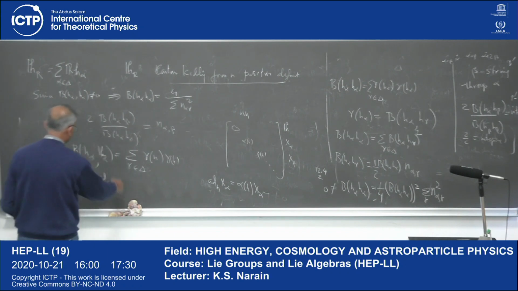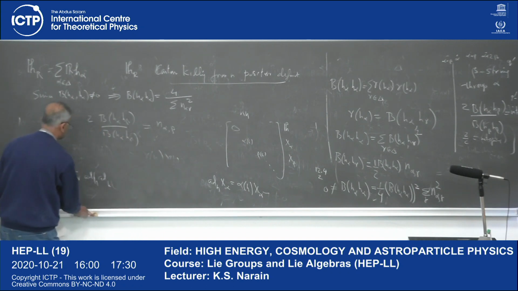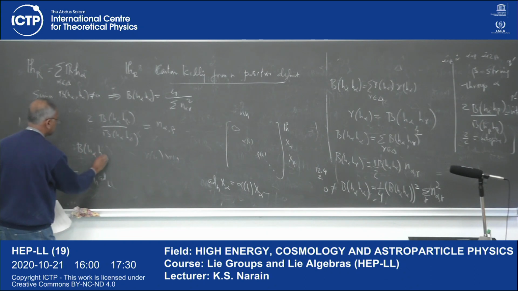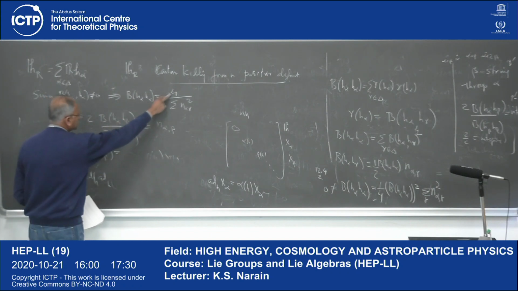So now I can substitute that back here and get an expression also for B(h alpha, h beta). So B(h alpha, h beta) is equal to 1/2 this times that, but then I substitute that here, so 1/2 cancels with that.